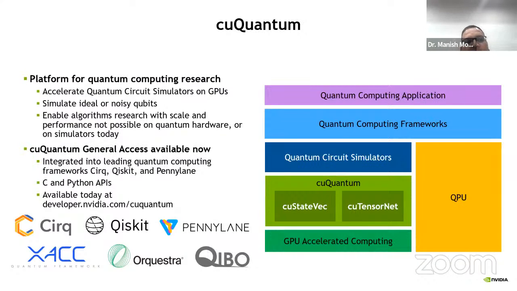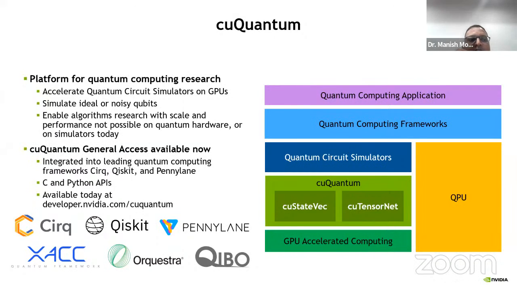It is a platform, as I mentioned, that simulates ideal or noisy qubits and enables algorithm research with a scale and performance not possible on quantum hardware or simulators today, which are CPU based. On GPU based, we get faster performance as well as more depth. We get a few more qubits, which are not possible on CPU.